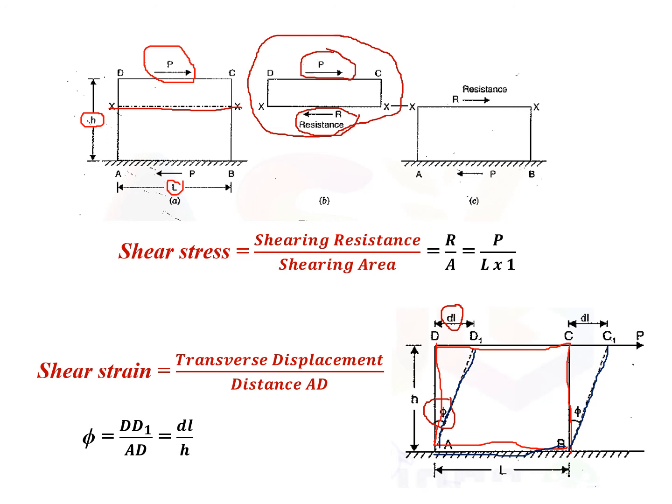It is resisted by this area, and its dimension perpendicular to that is unity. So the shear stress is R by A, where the resisting force is equal to P, and the shearing area is equal to L into the dimension perpendicular to it, that is, unit thickness. So the shear stress is equal to P divided by L into 1, where P is the shearing force and L is the length of the surface tangential to which the force P is acting.